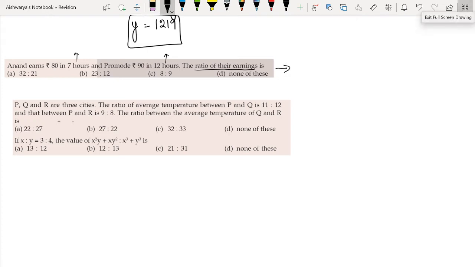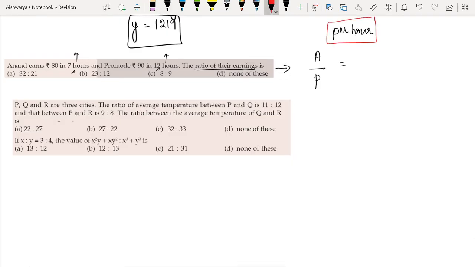So same here, you can compare the earnings of these two persons. This person is earning in 7 hours, this person is earning in 12 hours. So you can't compare it. How can you compare? Anand by Pramod earnings should be per hour earnings. So we should convert it to per hour. This is what you need to mark with red in this particular case. So 80 divided by 7, 90 divided by 12. Then you will get your answer.